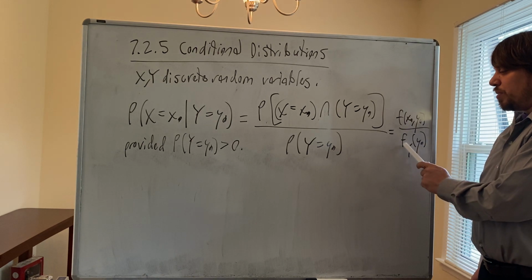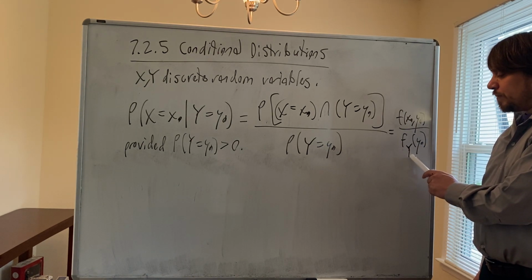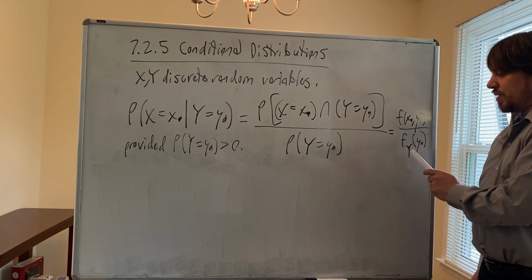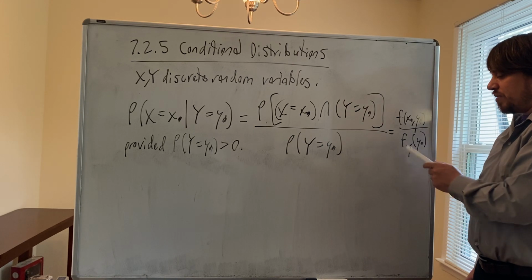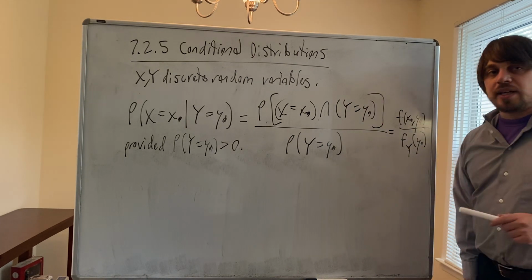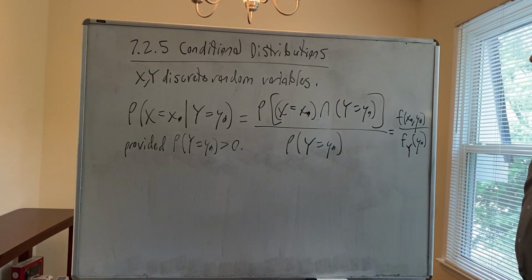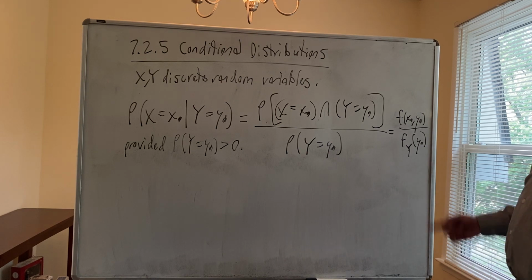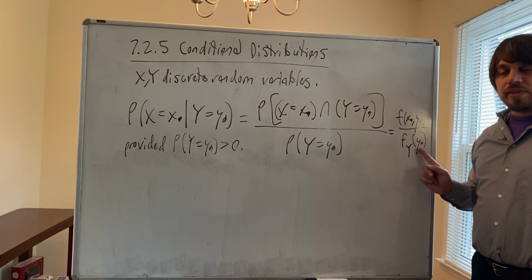And then the marginal probability density function of capital Y is the probability capital Y equals little y naught, which is little f sub capital Y of y naught. So this is a conditional probability involving the joint probability density function and the marginal probability density function.